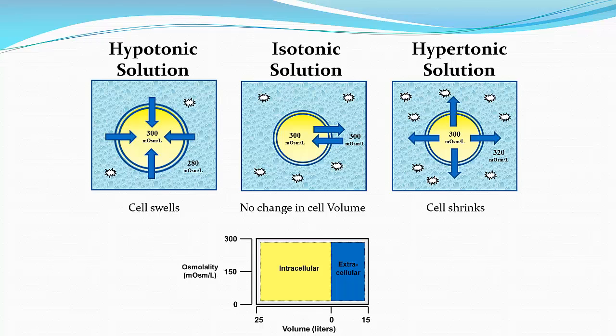Water would travel towards the high concentration of non-penetrating solutes outside of the cell, leading to shrinkage of the cell. It is very helpful when solving volume and osmolality cases to revisit these basic concepts to determine how changes in the extracellular osmolality may affect the intracellular compartment.